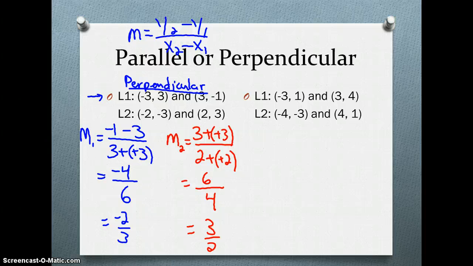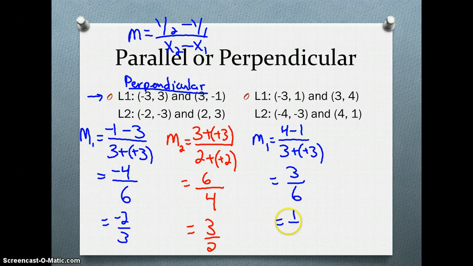So let's try the same thing over here on the right. M1 in this case will have 4 minus 1 over 3 minus negative 3. 4 minus 1 is 3. 3 minus a negative 3 becomes 6, and that's 1/2. All right. And lastly, we'll do line 2 over here on the right.